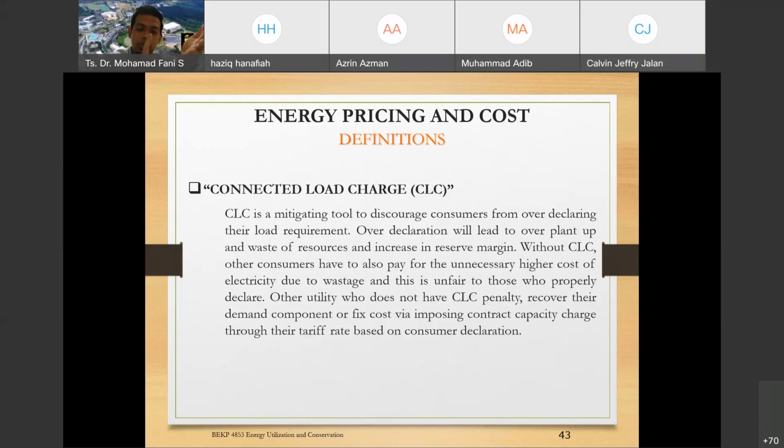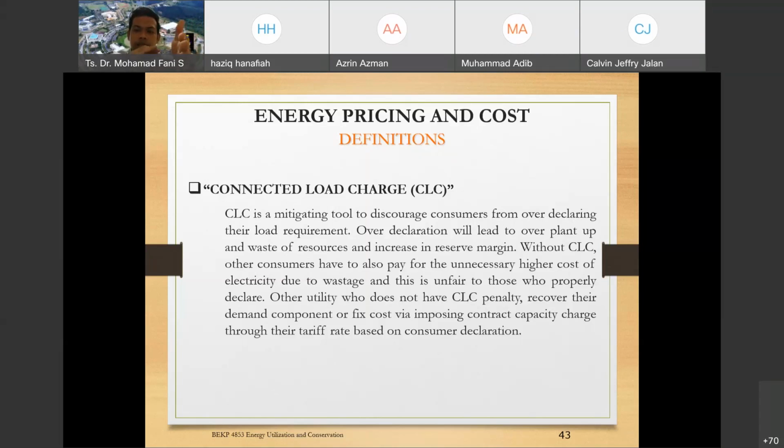Okay, 5,000 kilowatt, and this CLC charge is proposed by the TMB so that you can manage to have a certain level of the value for the maximum demand to operate the plant, to operate the buildings with the appropriate power that you declare for the first establishment of the building before it will be handed over to the owner of the building.